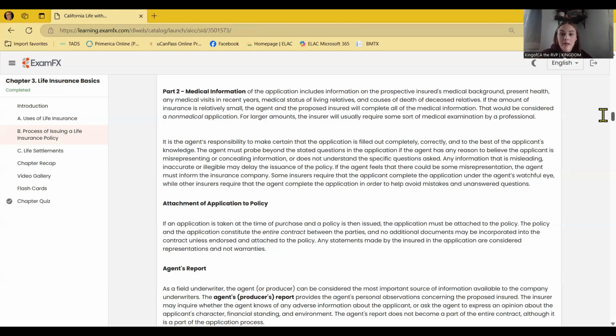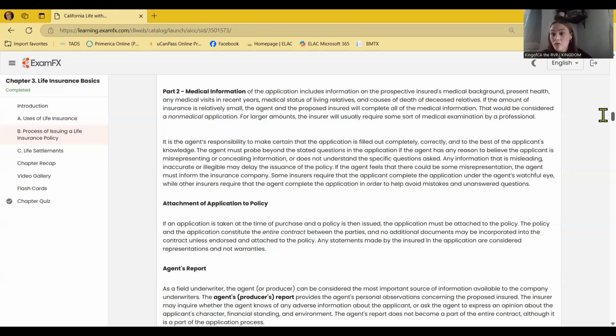And then there are medical applications and there are non-medical applications. So non-medical applications means that there is no blood work that's needed, right? If it's less than 300,000, normally the company allows you to just do the application and they're going to base their opinion off of the information that you give them and off of your background.